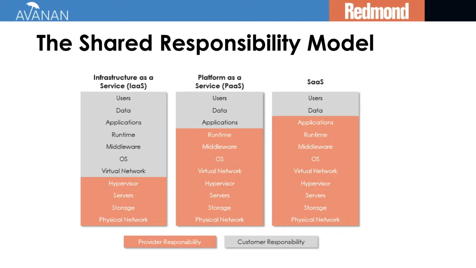So in the middle there, as you're looking at platform as a service or PaaS, services like Azure, you can see that that shaded area is moving up the stack quite a bit. A lot more of the components are the provider's responsibility.